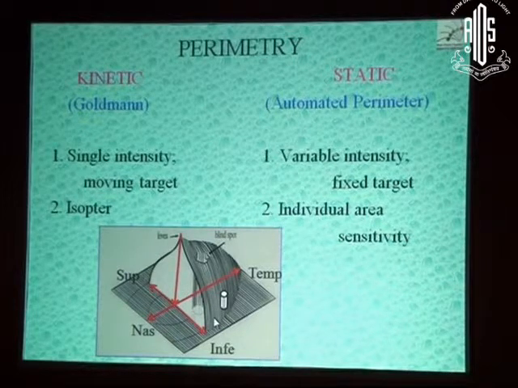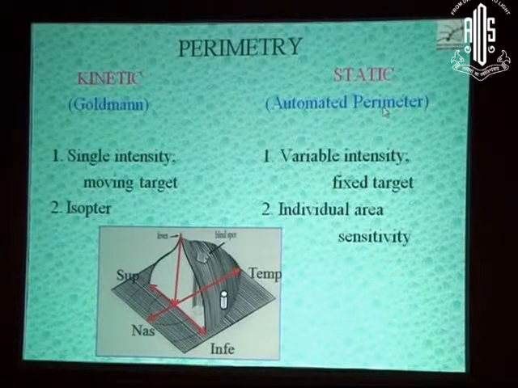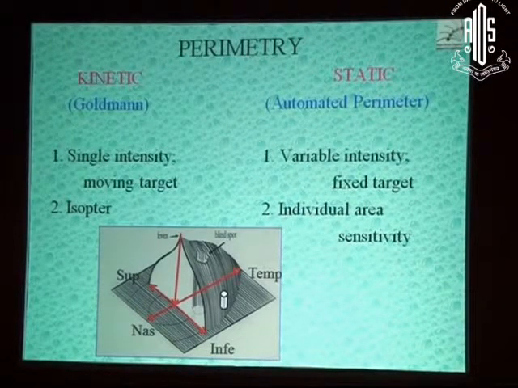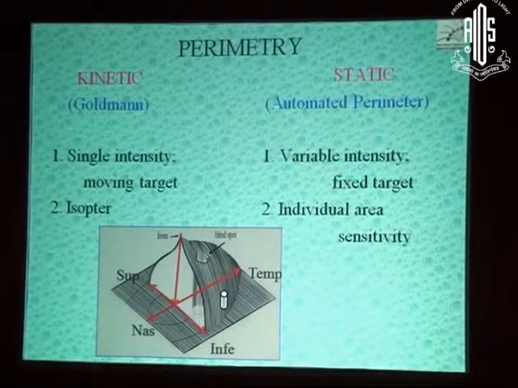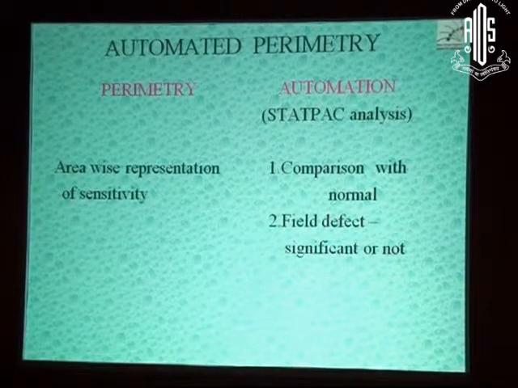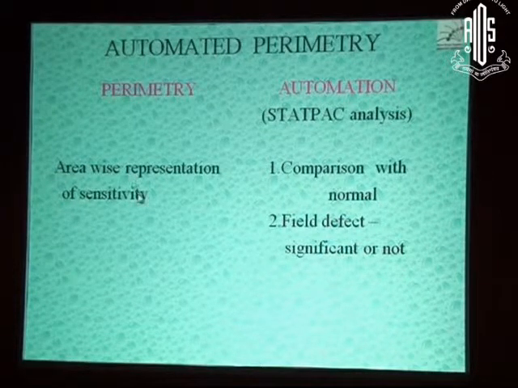But what we do in the automated perimeter or in static perimetry is variable intensity with a fixed target. The target is fixed, the target site is fixed. We change the stimulus intensity, and by that we usually get the individual area of sensitivity. So in perimetry, what we get is the area-wise representation of sensitivity.